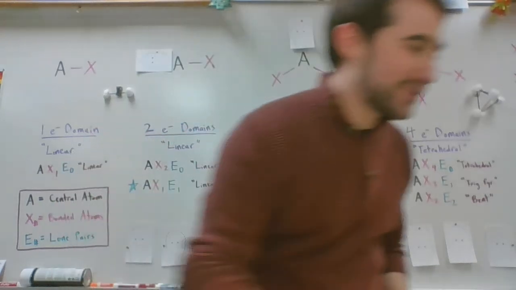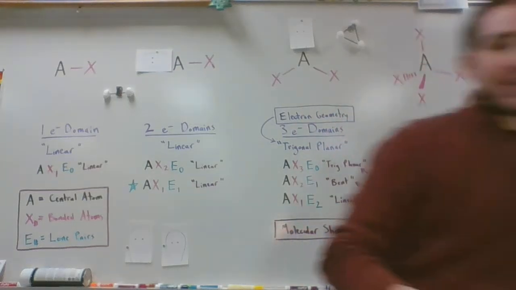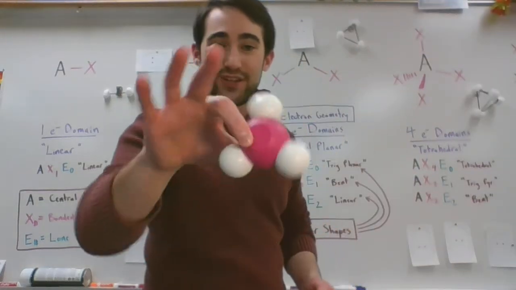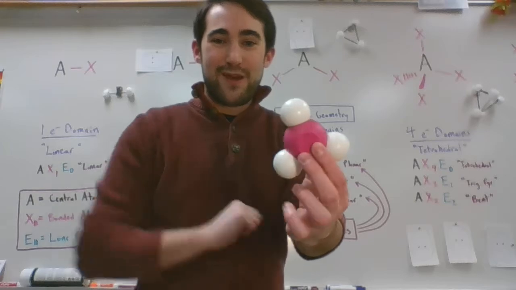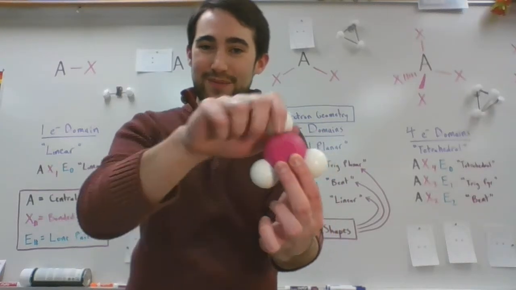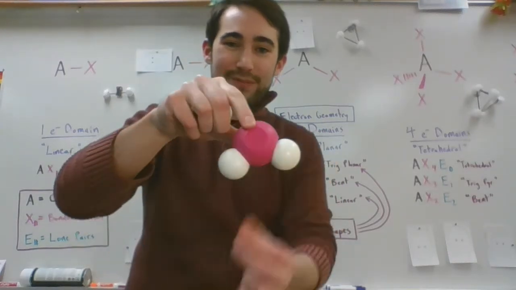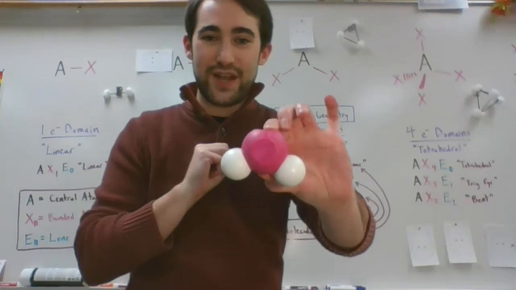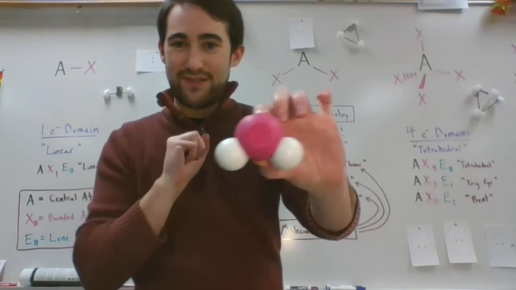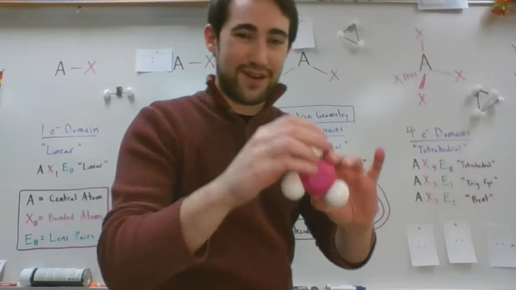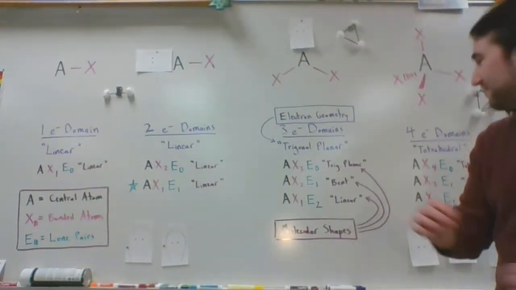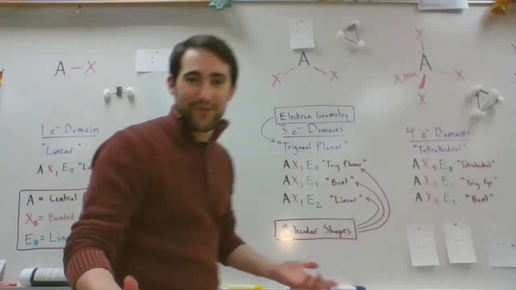AX2E1. So, let's see. This was the shape of my molecule to start with, okay? But one of these is not actually a bonded atom. It's a lone pair of electrons. What I'm left with is this bent shape here. All right. What if we had another lone pair of electrons on there?